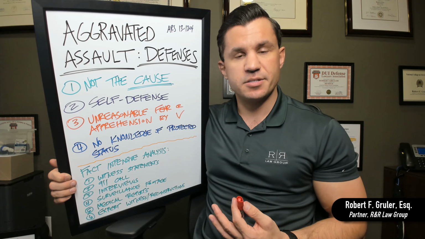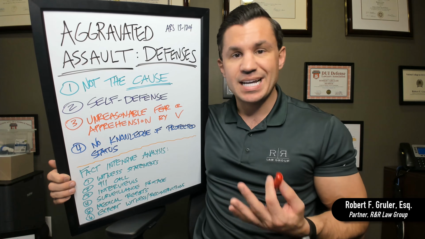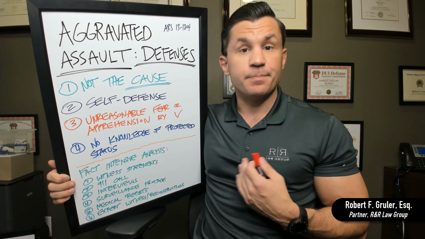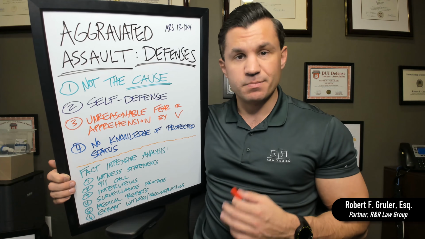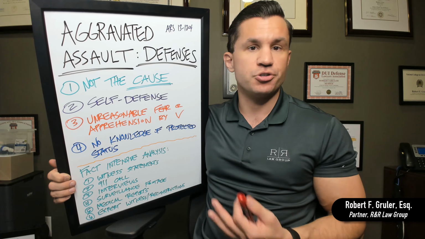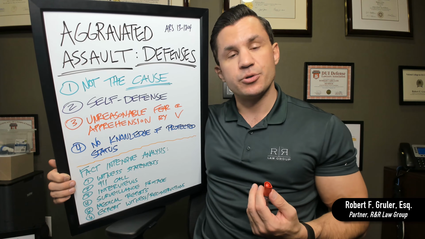We see this a lot in situations involving a man and a woman. Unfortunately, in our society and our culture, if there's an altercation between a man and a woman, in my experience and our law firm's experience, most of the time the male is going to be the one arrested and charged. It's just how it works. When the police show up, if there's any dispute at all, the male is almost always arrested.